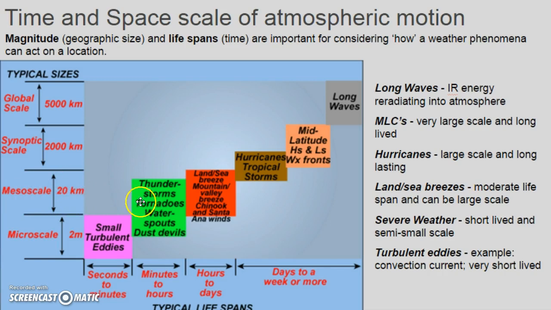A much, much smaller scale, that it's fairly localized. And we have these different features that can take place: turbulent eddies, severe weather, land and sea breezes, hurricanes, tropical storms, mid-latitude cyclones, and long waves. It's the heat energy re-radiating into the atmosphere. They have different sizes and different lifespans in which they take place in our atmosphere.